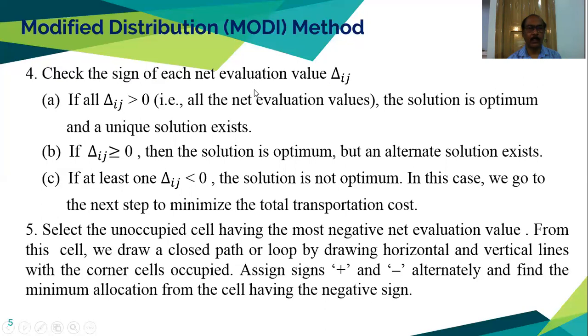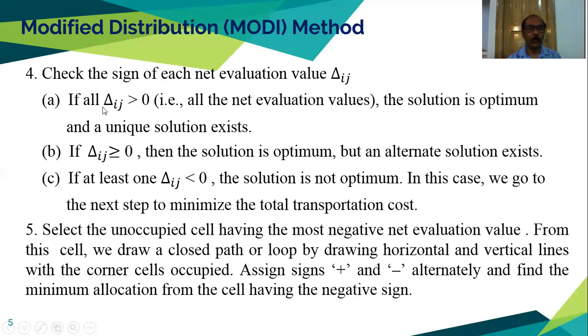Now, what cases may arise? All delta ij may be greater than 0. If all delta ij are greater than 0, that is, all the net evaluation values are greater than 0, that means the solution is optimum and a unique solution exists.